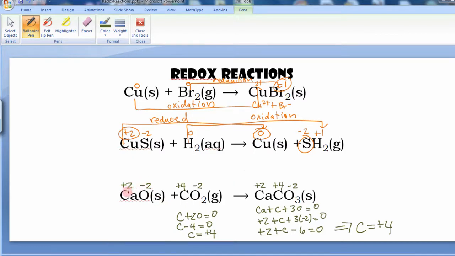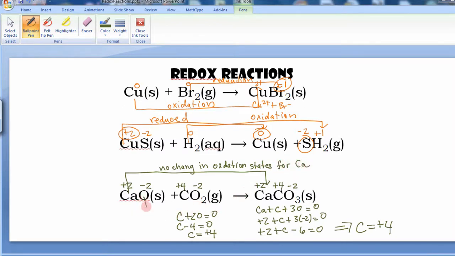So let's look at this. Calcium goes from a +2 to a +2. So there's no change in oxidation states for calcium.